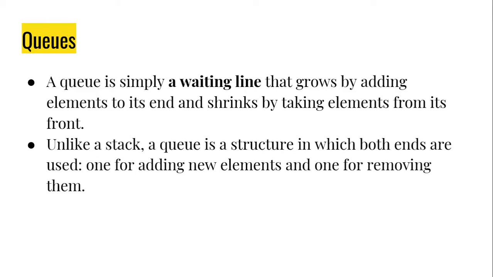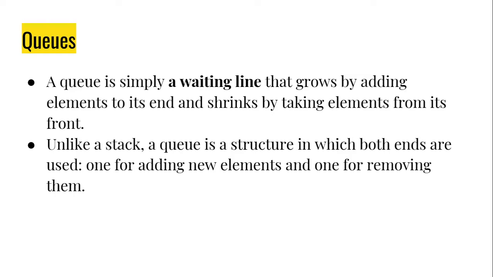It is different from a stack because in a stack we can only insert an object on top, and we can only remove an object on top of the list because of its LIFO principle.